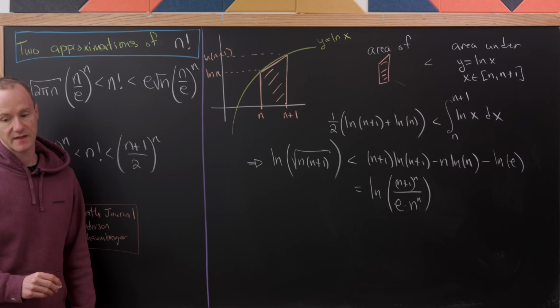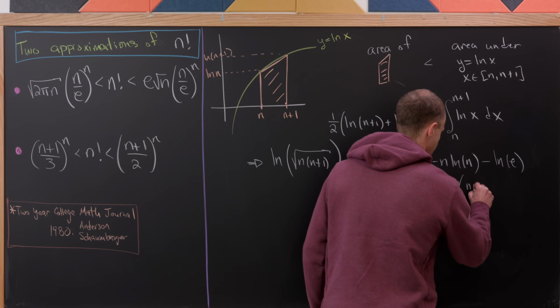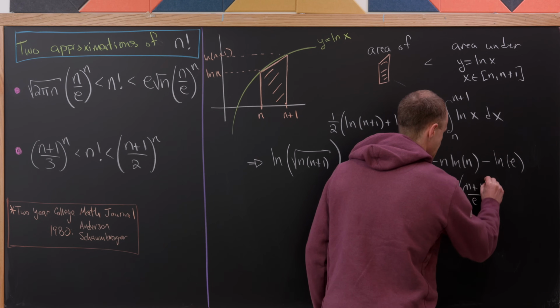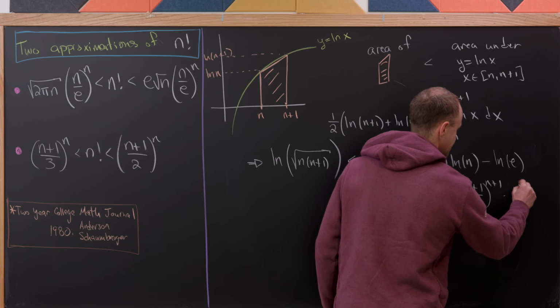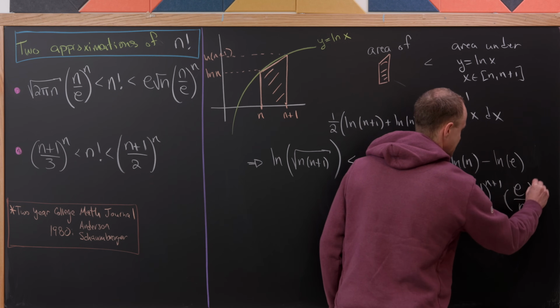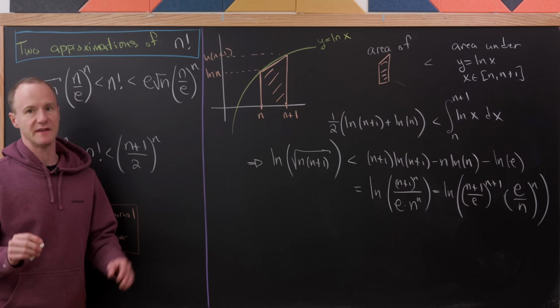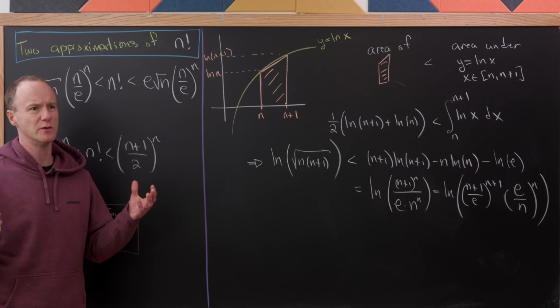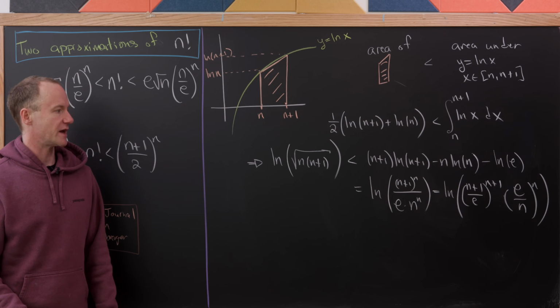Then I'm going to rewrite that as the natural log of n plus 1 over e to the n plus 1 times e over n to the nth power, just to group the e with the n and the n plus 1 term. So we have these two similar objects being multiplied. Okay, great.